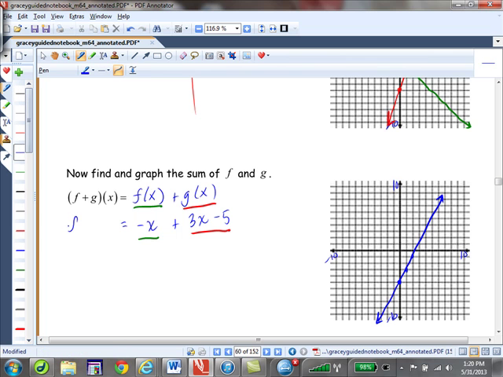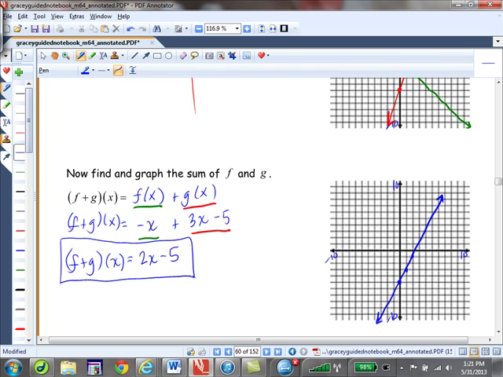So if we add these guys, you see that negative x plus 3x is 2x minus 5. And if you check it out, that's a line with a y-intercept at 0, negative 5 and a slope of 2. And that's exactly what our picture is. Pretty groovy, huh? All right. So that is the result for that one.